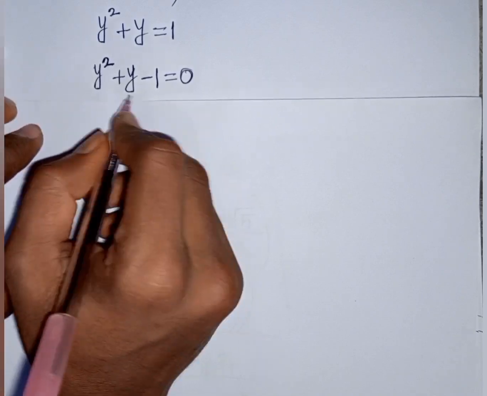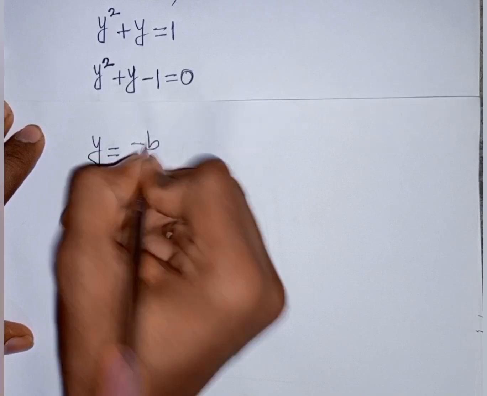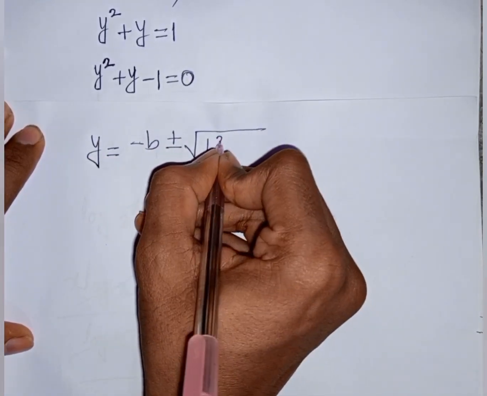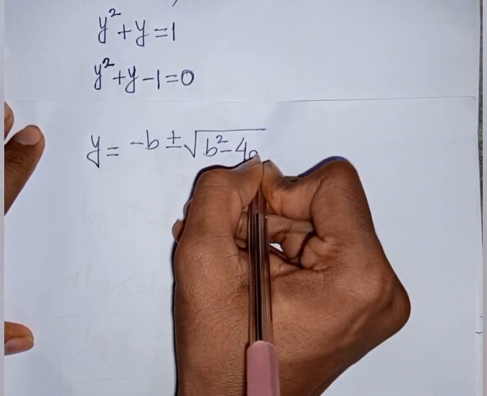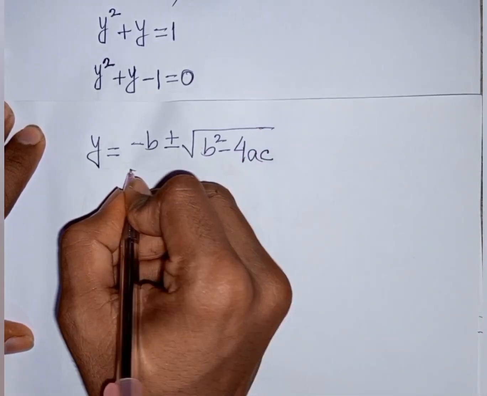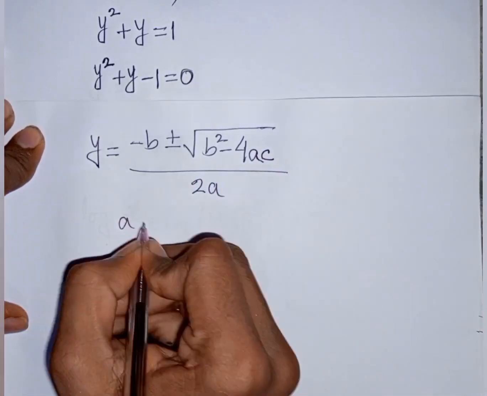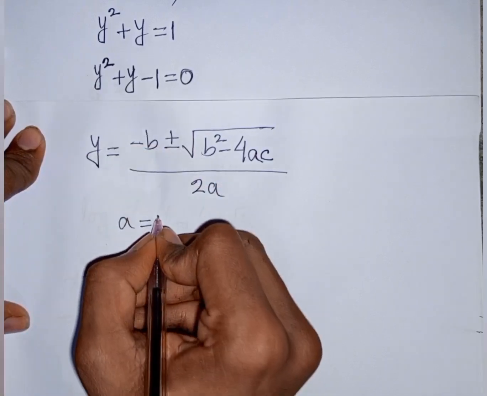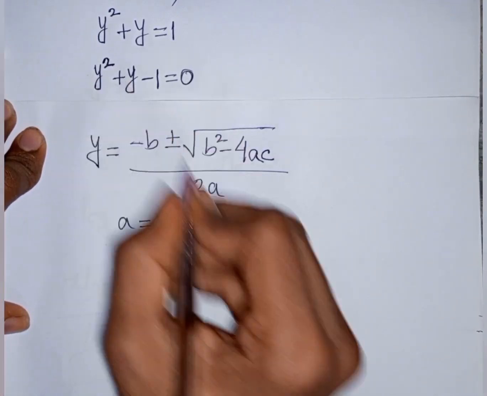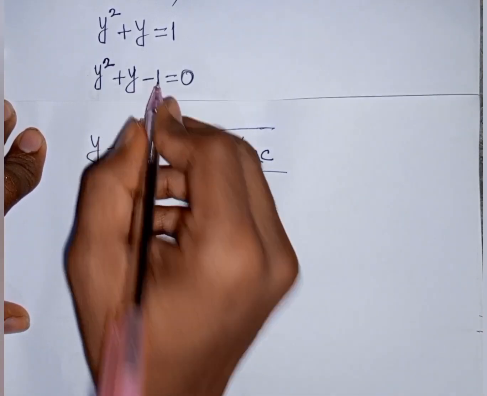Now here I can apply the quadratic formula, so I can write here y is equal to minus b plus or minus a square root of b square minus 4ac, divided by 2a. Here a will be equal to 1, b will be equal to 1, and c will be equal to minus 1.